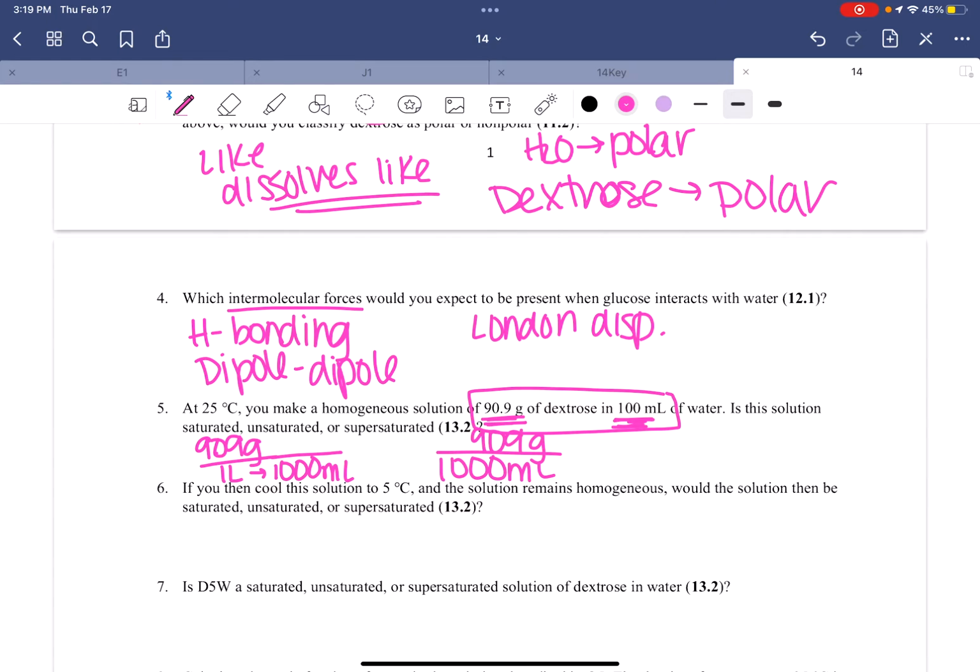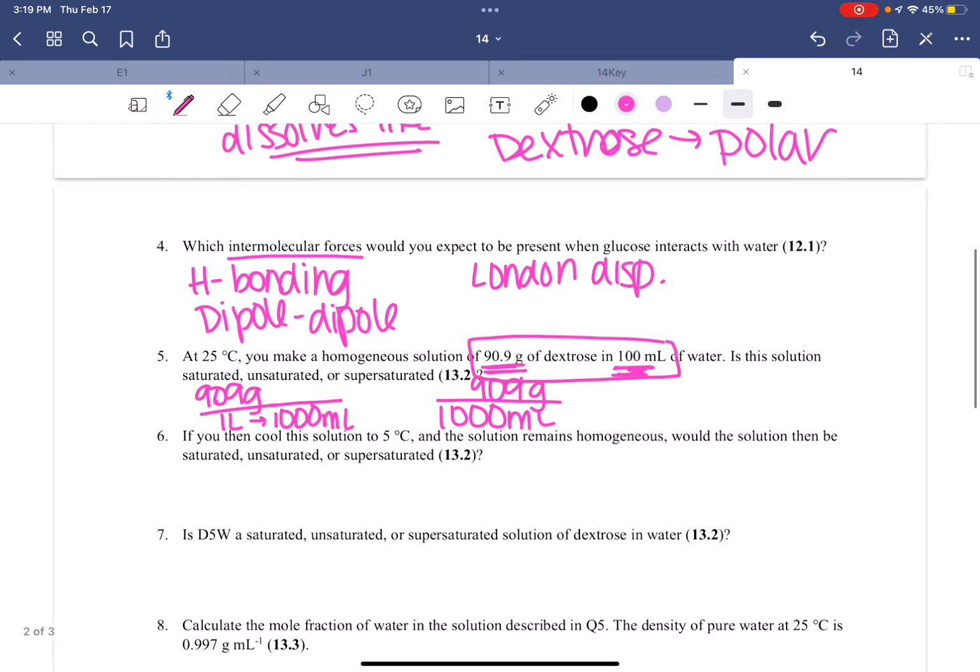And now what we can see is that this solution of dextrose and water actually matches the solubility limit for dextrose and water. And so that would make this a saturated solution. We're sort of at that limit. We've reached the maximum amount of dextrose that we can dissolve in water.